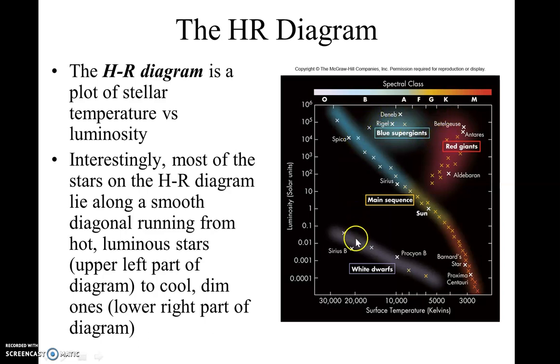The stars will end up way down here in a region called the white dwarfs. So these are very, very small stars. In fact, the very first one that we ever found was in a binary system.